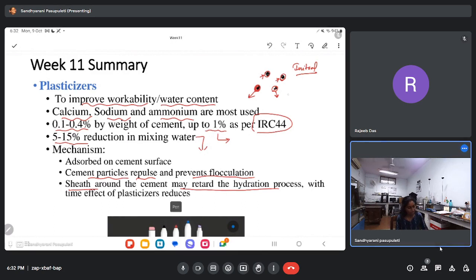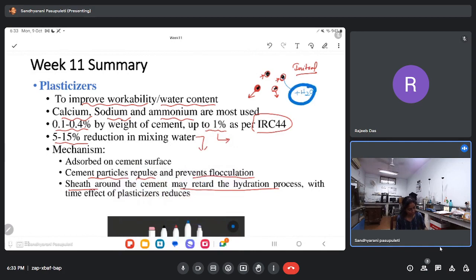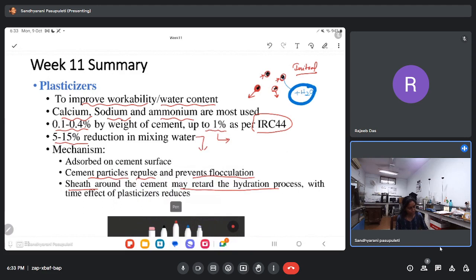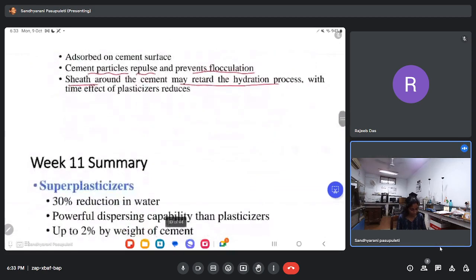Hydration occurs when the cement comes in contact with water. Currently we have a sheath around the cement particle, so it cannot come into contact with the water directly. Thereby, temporarily, the hydration process may retard.